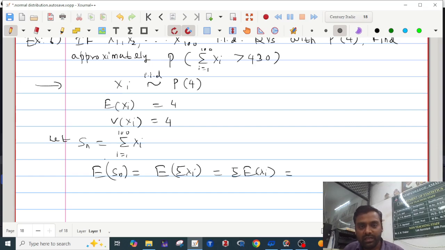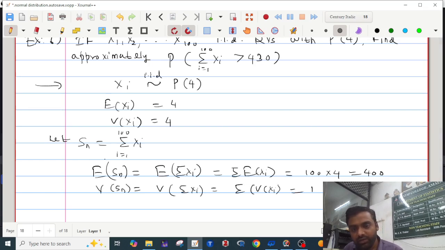Sum how many times? 100 times. It is 100 into 4 equals 400. Similarly, variance of Sn equals variance of summation of Xi, which is sum of variance of Xi. This is equal to 100 into again 4, which is 400.